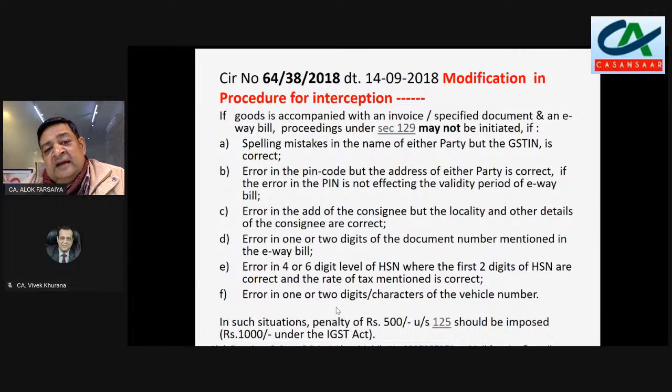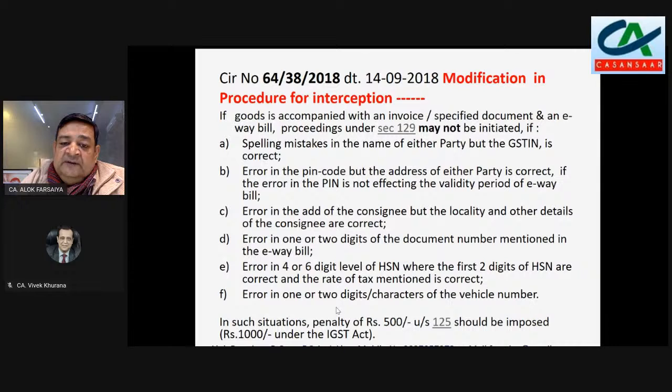In case there is an error in the HSN code, then the department also has a right to see whether my goods and the bill are of the same HSN. What is the HSN mentioned on the e-way bill? If the goods and the bill are of the same HSN, and there is an error in mentioning the HSN on the e-way bill, it does not make a difference.